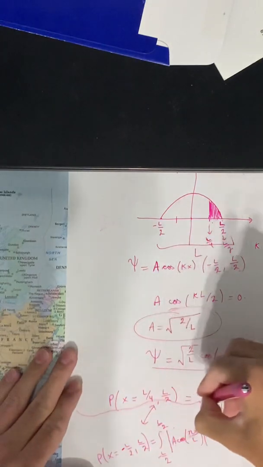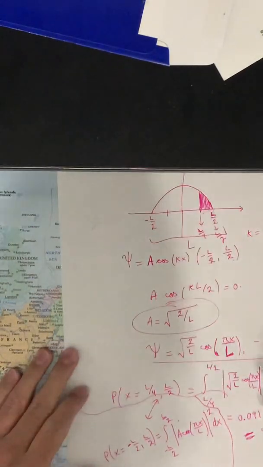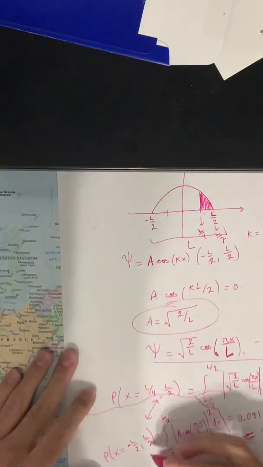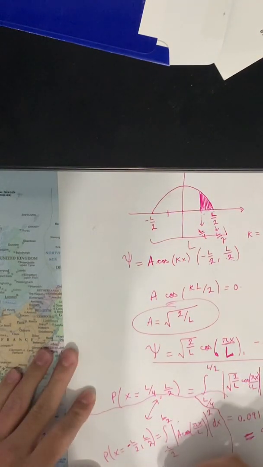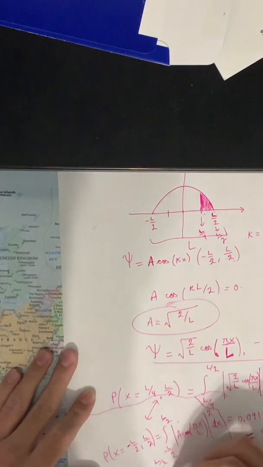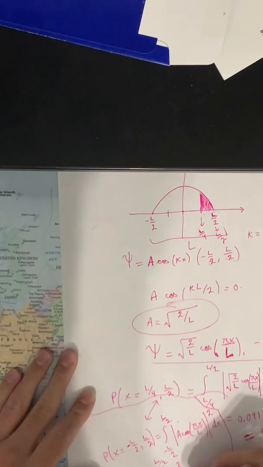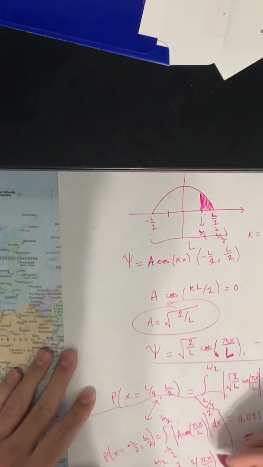It's getting a little sloppy here. It's actually this one. So if we had this, we would know that it would just be negative L over 2 to positive L over 2. And we would end up having this a squared cosine squared pi x over L, but we wouldn't really know what to do with it.